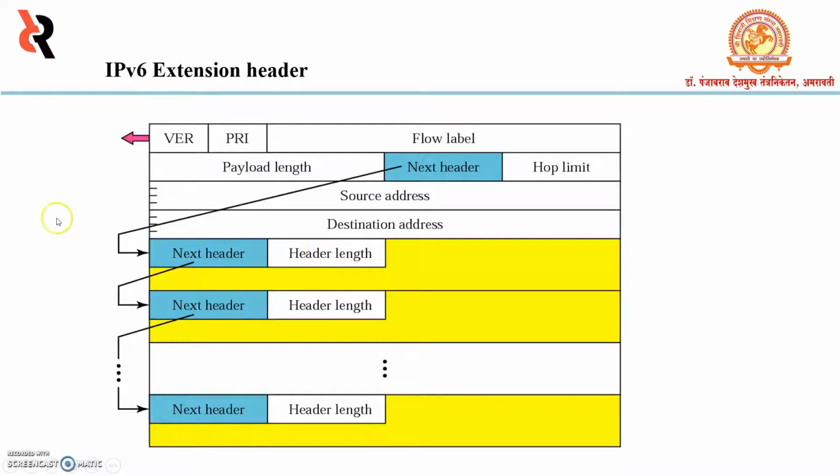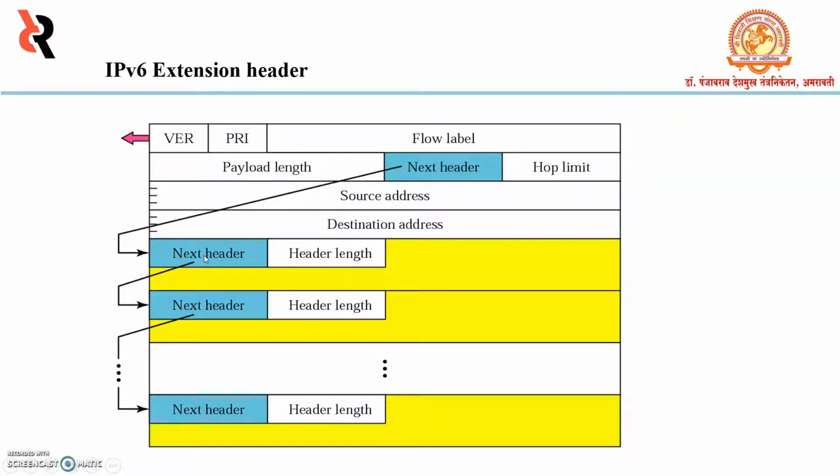Hop by hop option. But before that, what we discussed here. So this is the header format of IP version 6. The next header field points to the first extension header.